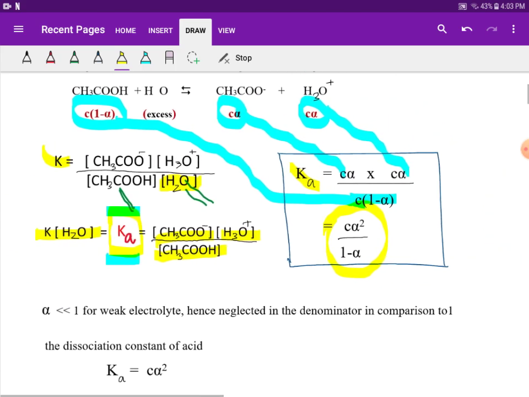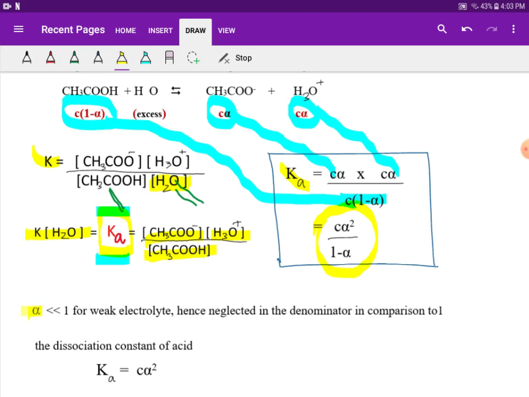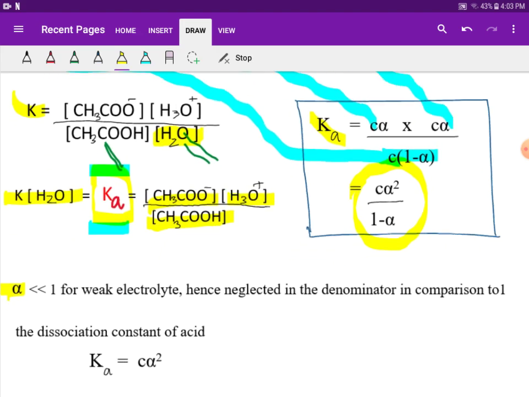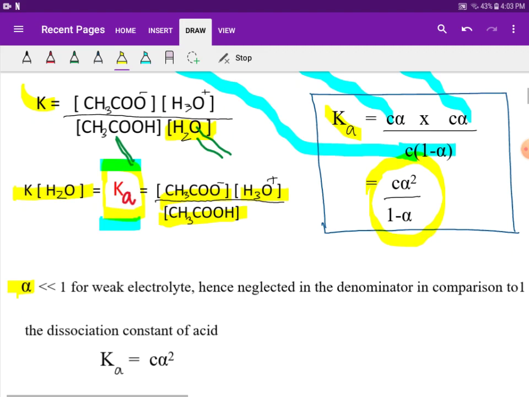Since alpha, the degree of dissociation of the weak acid, is an extremely small quantity and is very much less than 1 for a weak electrolyte, it can be neglected in the denominator compared to unity. Therefore, the dissociation constant of the weak acid Ka now becomes equal to C alpha square.